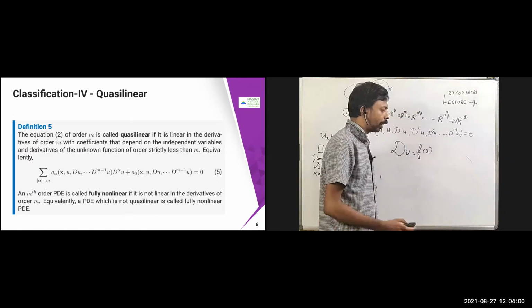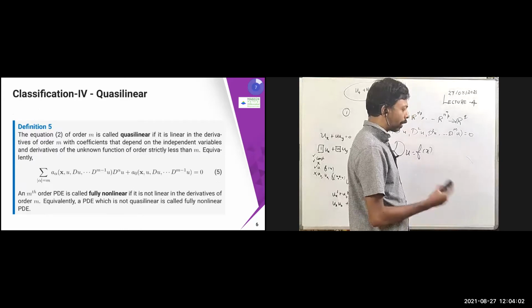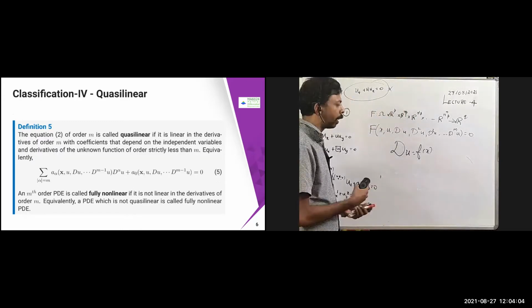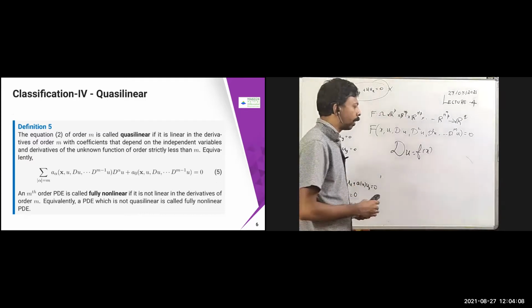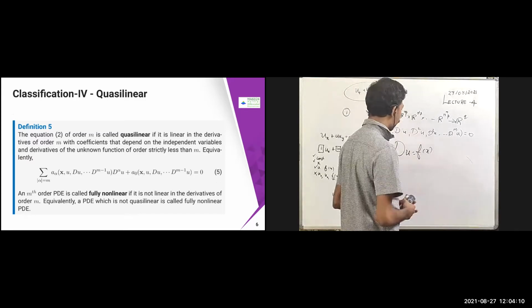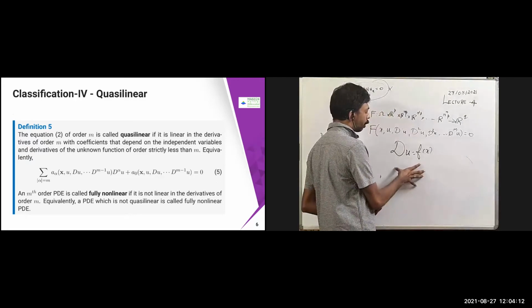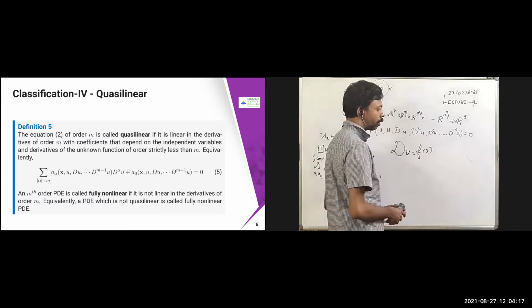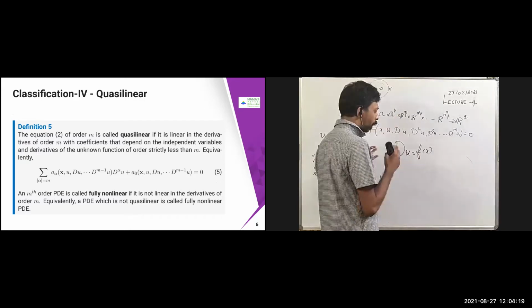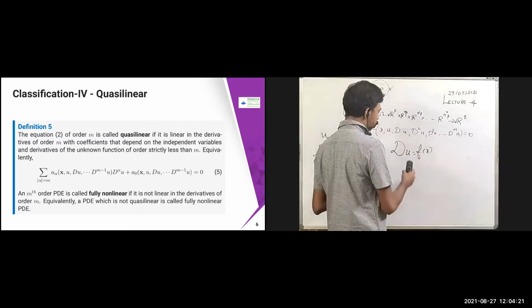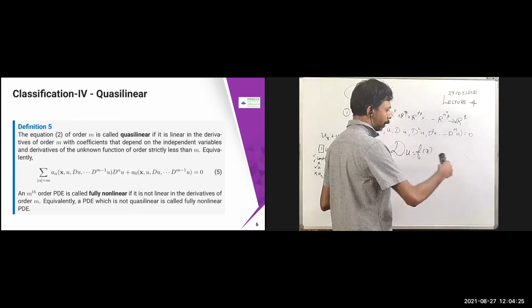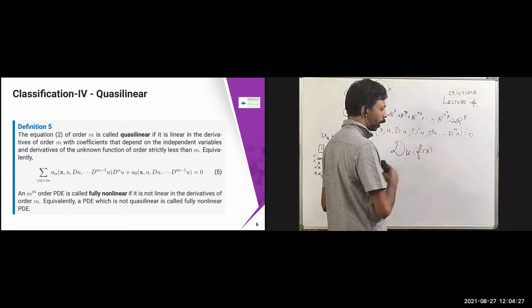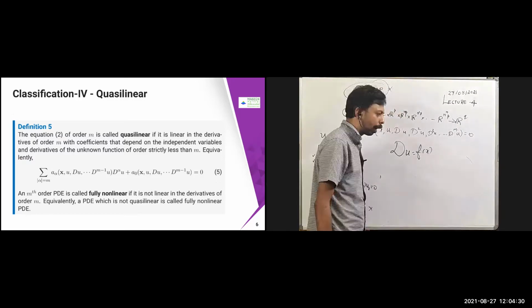Then we classify quasi-linear. If it is not linear, then again we classify them as quasi-linear and fully non-linear. In this case, I'm looking only at the coefficient of the highest derivative, of order m. If that coefficient is a function of x, u, Du, up to D^(m-1) u, then we say it is a quasi-linear PDE.